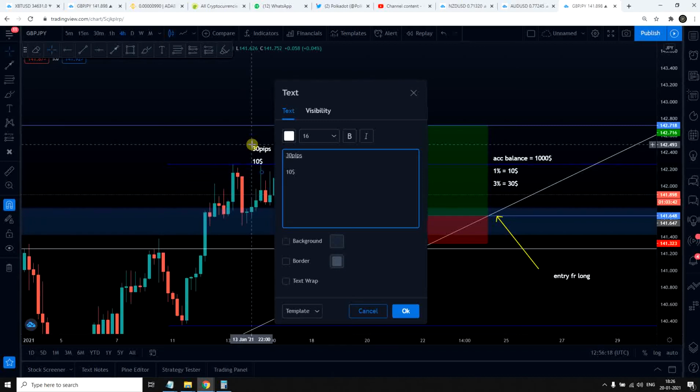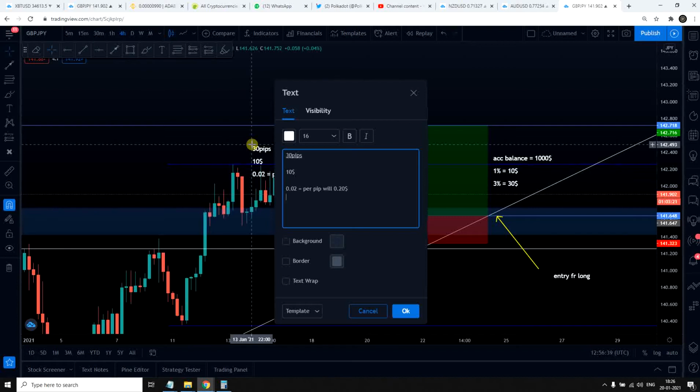That means if we take 0.02 lot size micro lot, that means per pip will get 20 cents, that is $0.20 per pip.